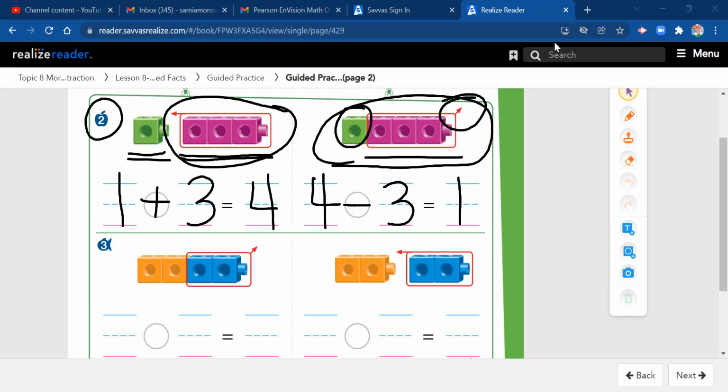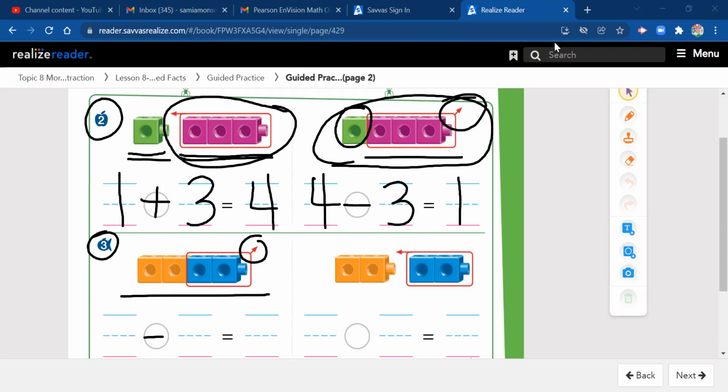All right, let's look at number 3. Again, where is the arrow pointing here? It is pointing away. So I know I'm going to use a minus sign. So what we do first is we look at how many in all we have.